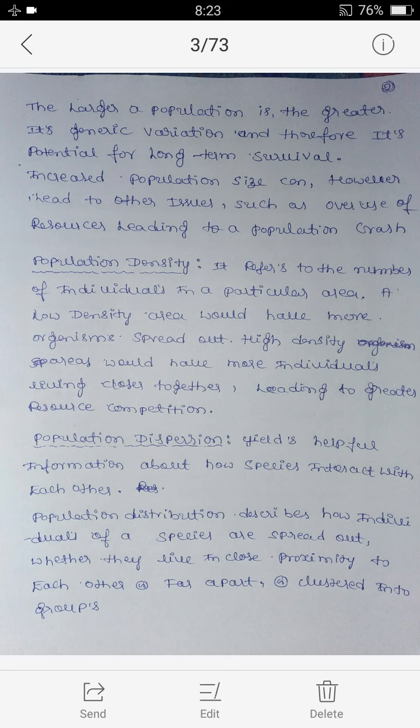Population distribution describes how individuals of a species are spread out, whether they live in close proximity to each other or far apart or clustered into groups.